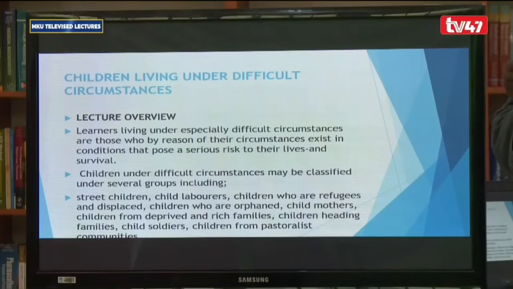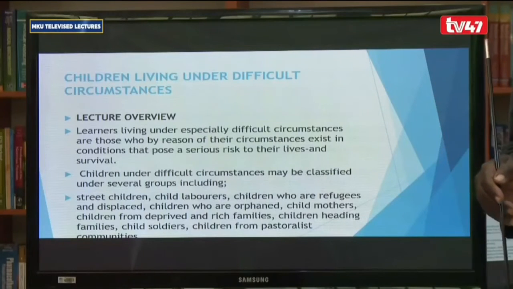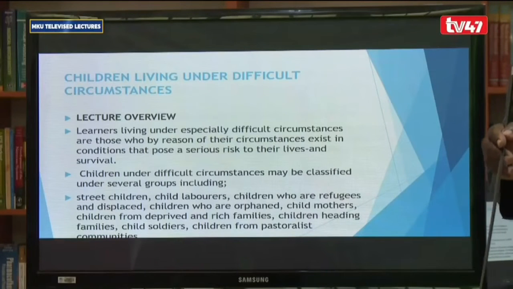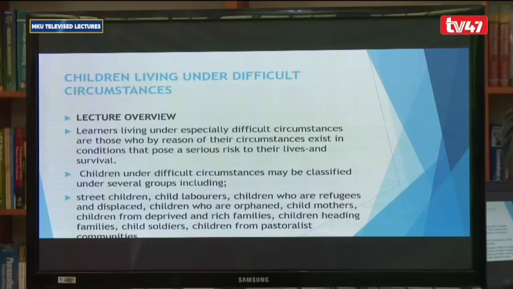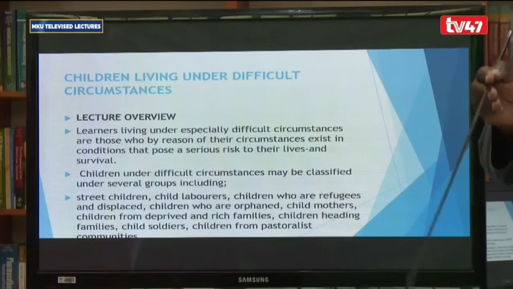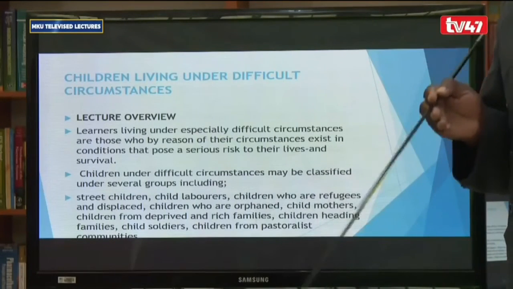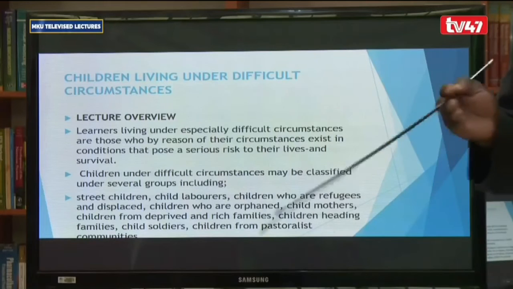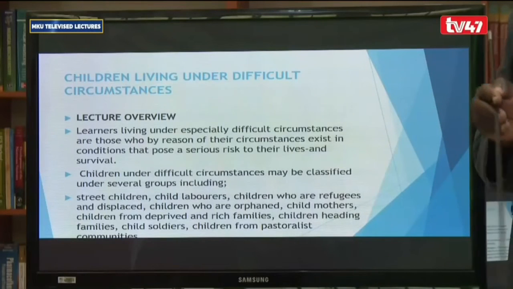So since they are missing a lot of their basic needs, when others from economically well placed families are going to school, those from deprived families, poor families, the term we use, you find that they are still missing some of the requirements needed in the school. For example, books, you find that they are missing some of the books, or payments which are done in school. So from time to time, you find that they are being chased from school to go to their parents so that at least they get the money which is required.